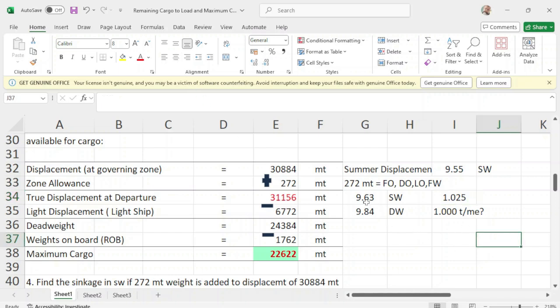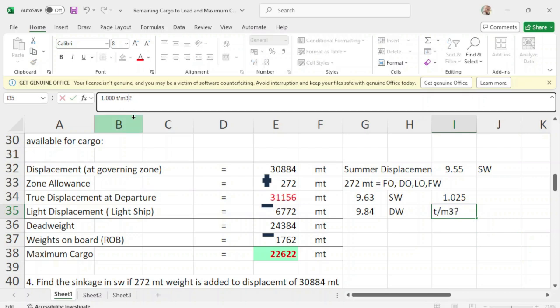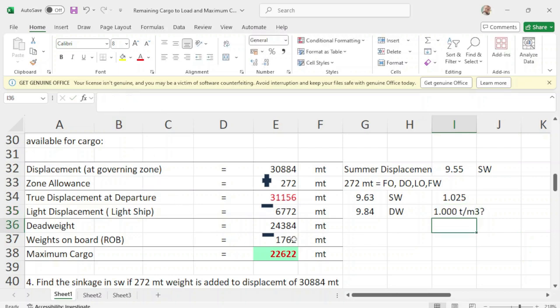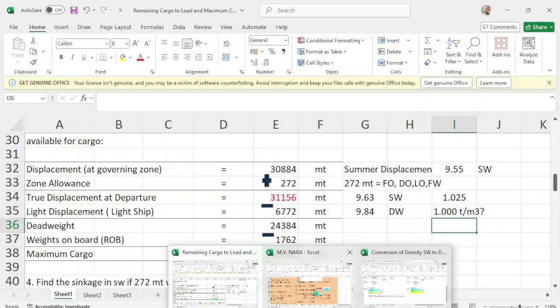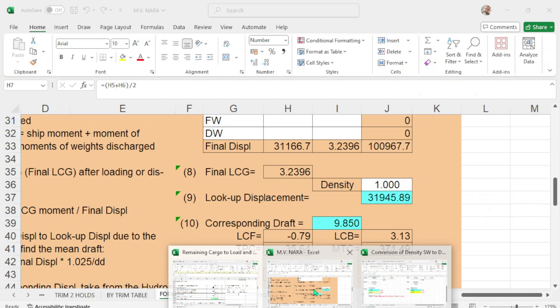So from your drop of 9.63 in salt water, what will be her drop if she floats in density 1.00 tons per cubic meter? The drop will be 9.85.